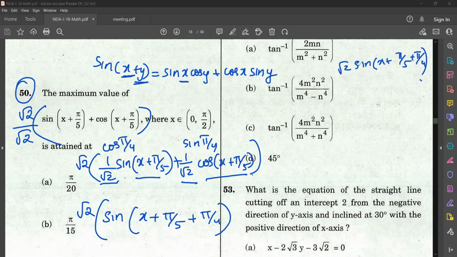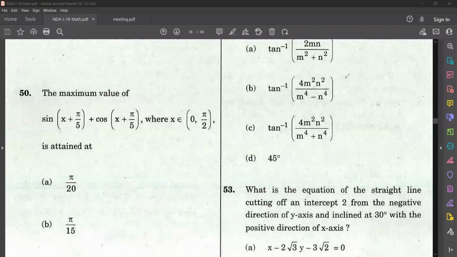Okay, so listen, we need the maximum value of this function. So we got root 2 sin(x + π/5 + π/4), isn't it?